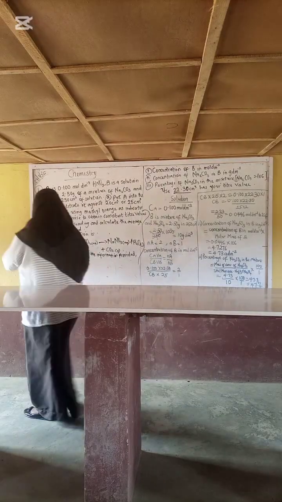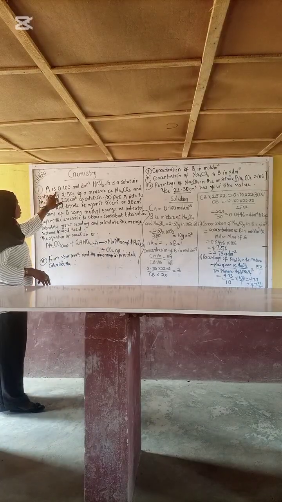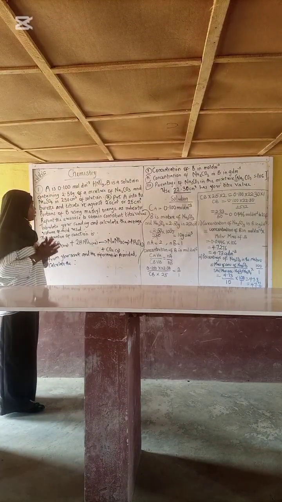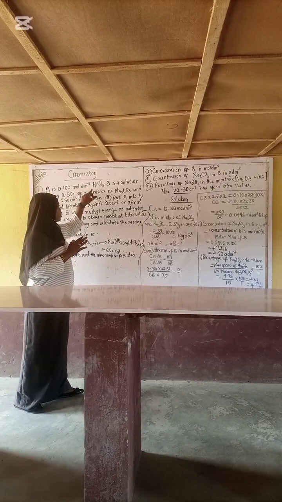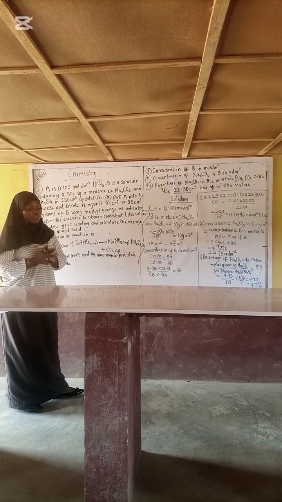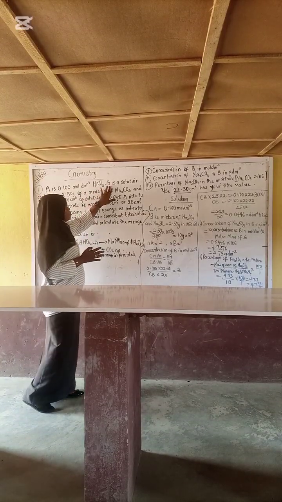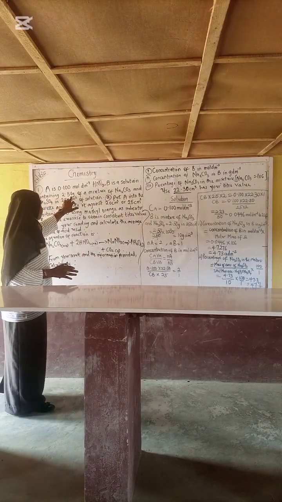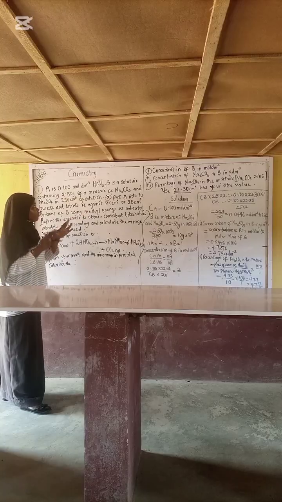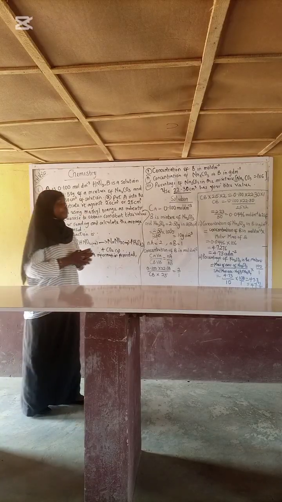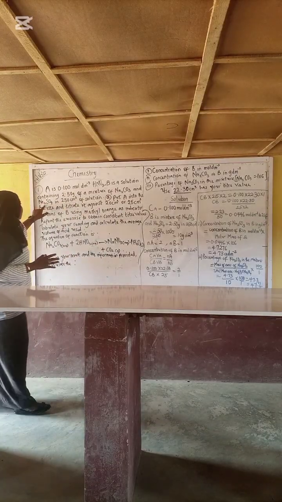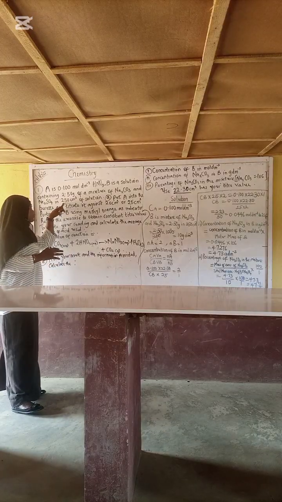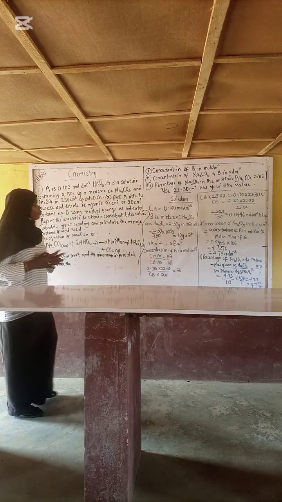Now, let's look at this question. A is 0.100 mole per DM3 of HNO3, iron nitrate. B is a solution which contains 2.5 grams of the mixture of sodium carbonate and sodium tetrasulfate 6 in 250 centimeters of the solution.